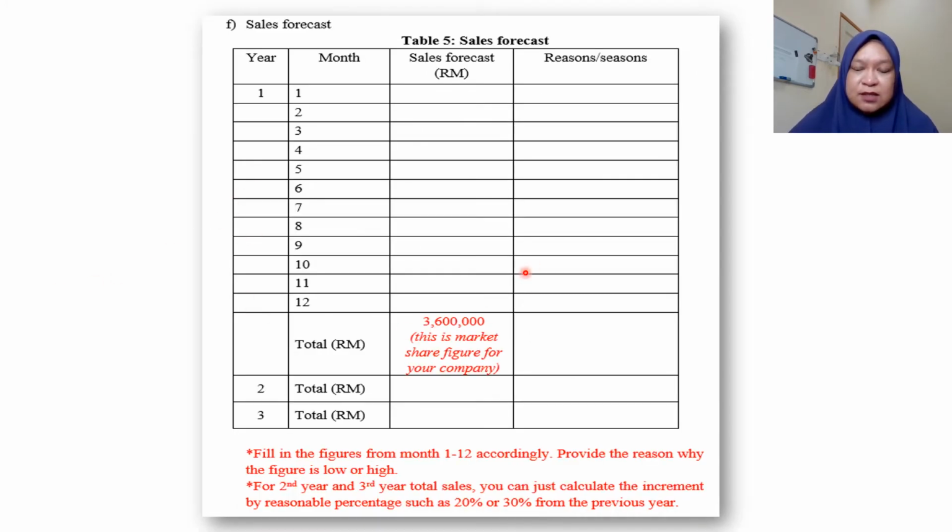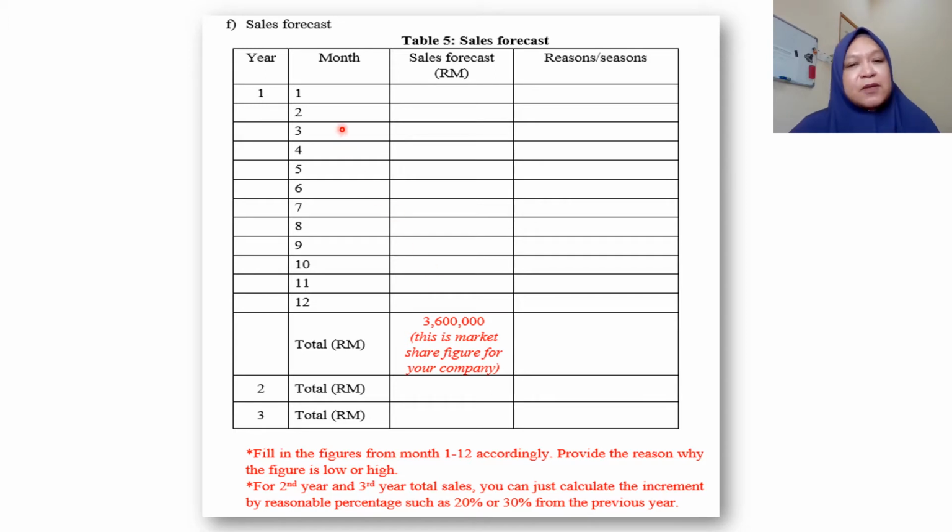What you need is the figure for the total here. I put 3,600,000. This is the market share figure for your company. So you refer to table E, the market share, and you take only your figure, not the total figure, and you put it here as the total sales forecast for the first year.